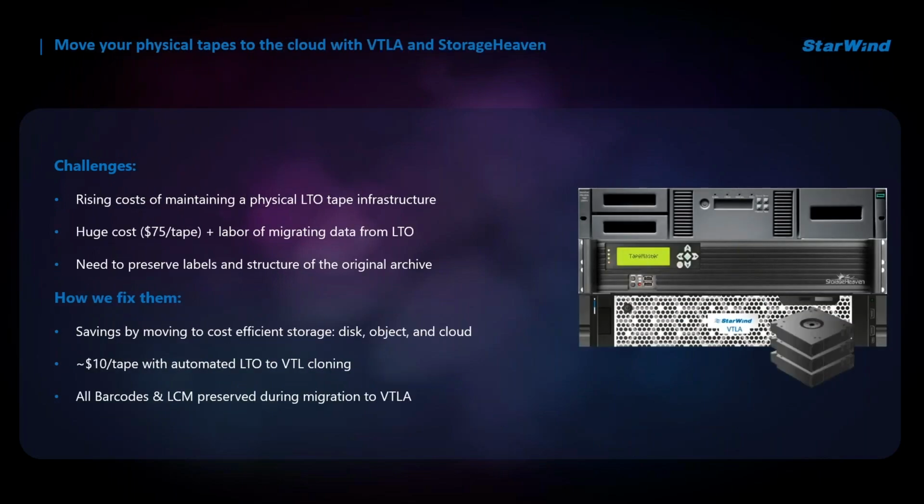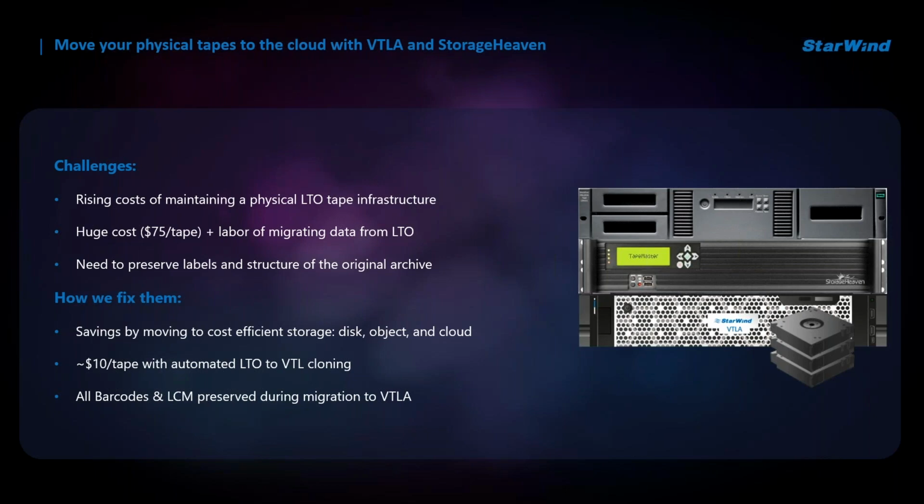And additionally, for people who want to move from the traditional tape infrastructure, but understand how costly that can be, and there is no understandable way to do it, the StarWind Virtual Tape Library with our partner Storage Heaven comes in.